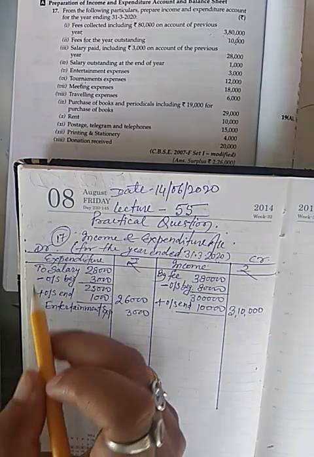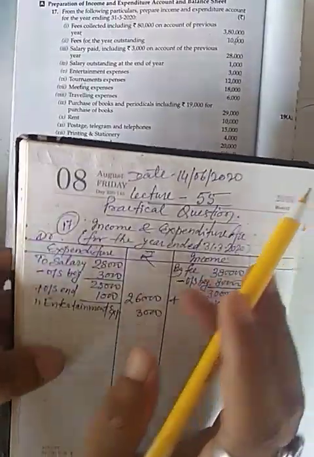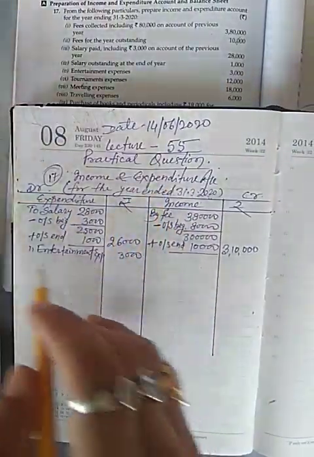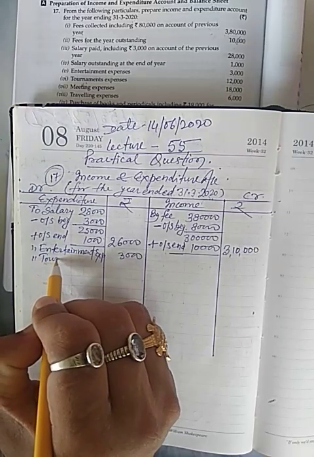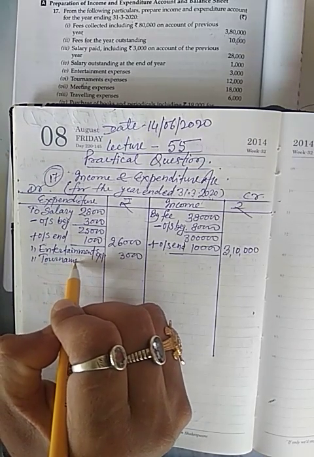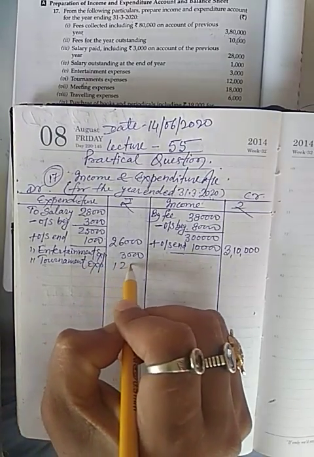Now tournament expenses is given 12,000. So I will write tournament expenses 12,000.